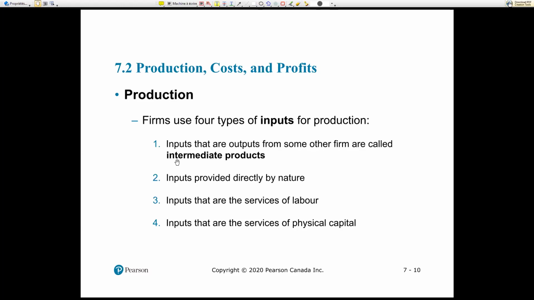You could call them intermediate inputs, intermediate products. They could be produced by nature, so these are natural resources. Labor, so employees. And physical capital, like machines.